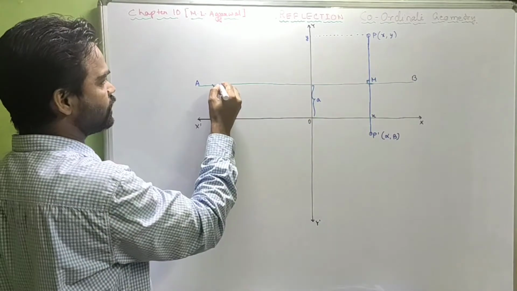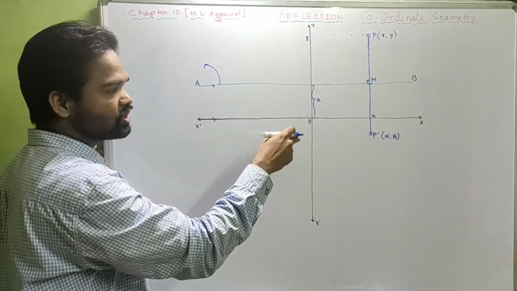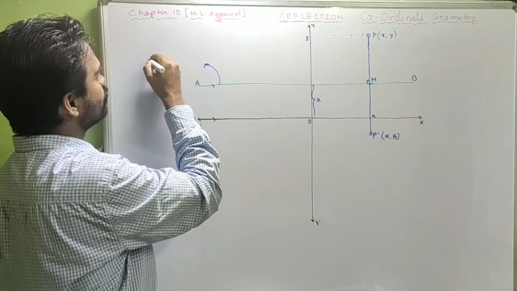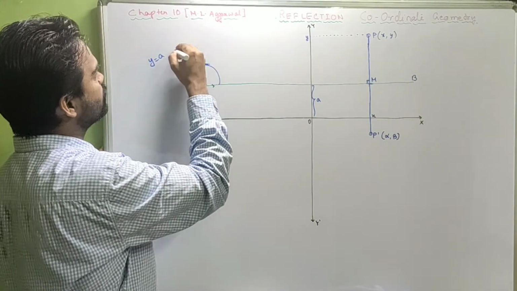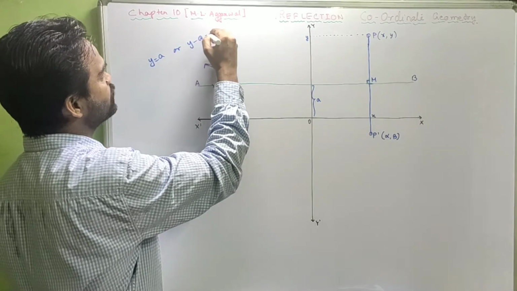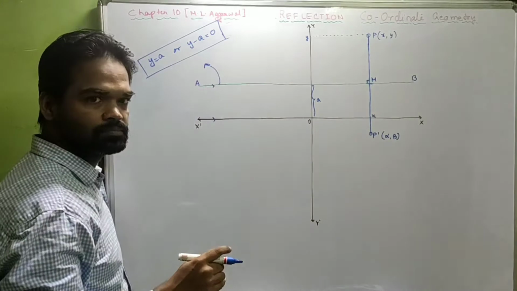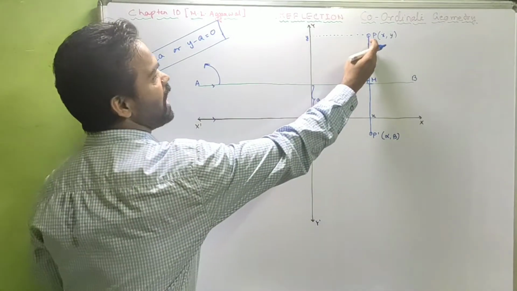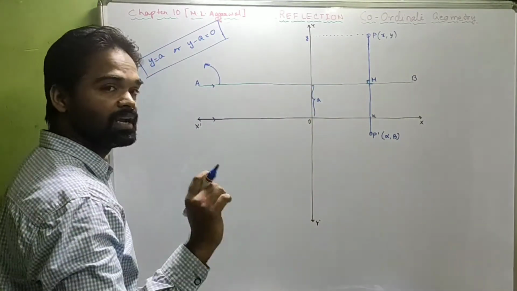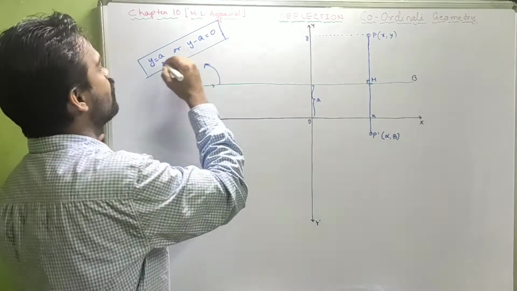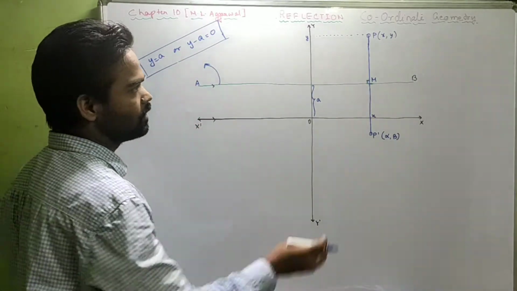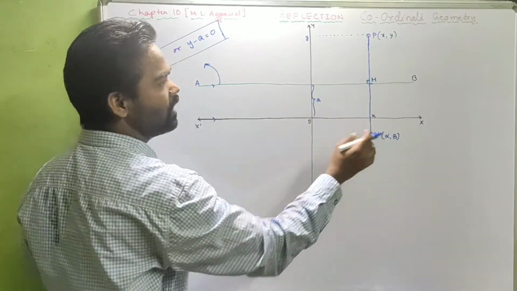So first of all, the equation of the line AB will be y = A or y - A = 0. This is the equation of the line. What happens when the point P (x, y) is reflected in the line y = A? I've taken the image as P dash (alpha, beta).